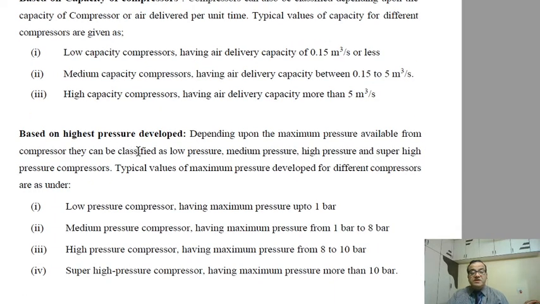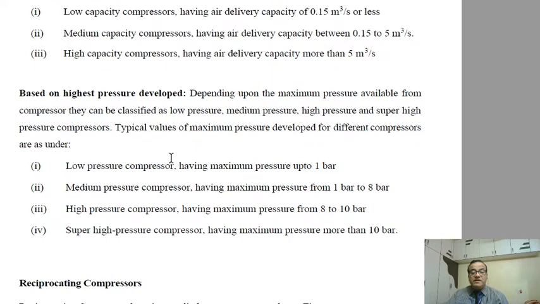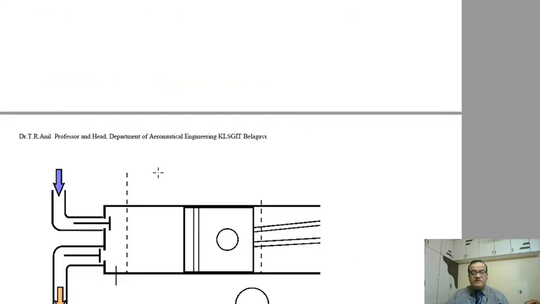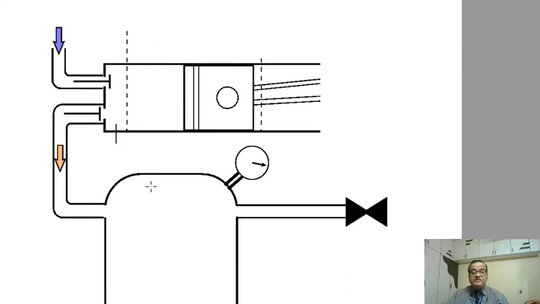Based on the pressure developed, we have low pressure, medium pressure, high pressure and super high pressure compressors, basically about 10 bar. Now we'll concentrate more on the reciprocating compressor, which is the necessity here.